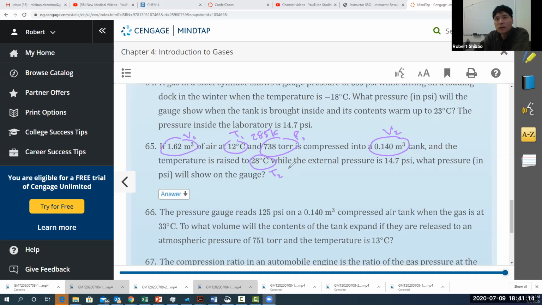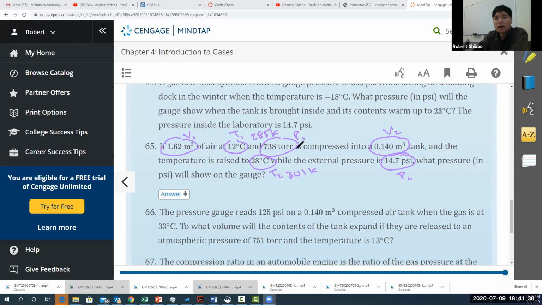So 28 plus 273 is going to give us 301 Kelvin. And then 14.7 psi. This is going to be P2.